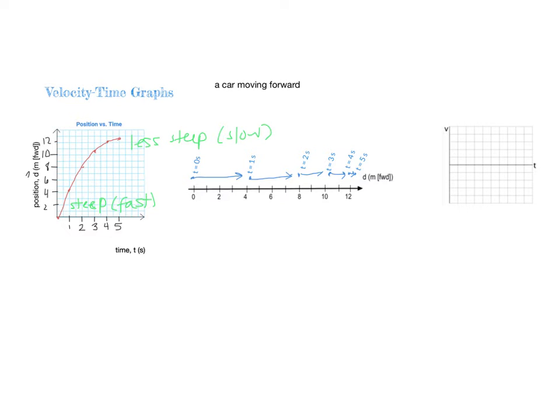So what we have is a car moving forwards, which means we're going to have a positive velocity. And this time it's slowing down. So we know because it's slowing down that acceleration must be in the opposite direction or backwards.